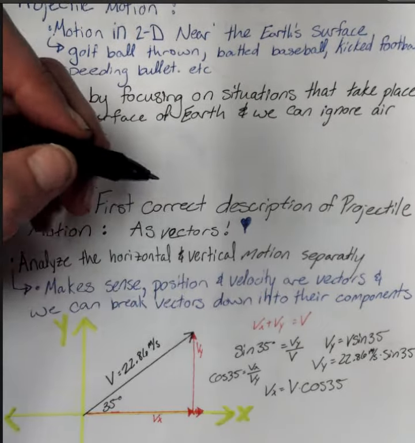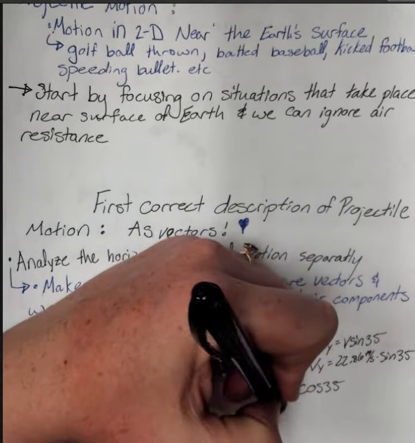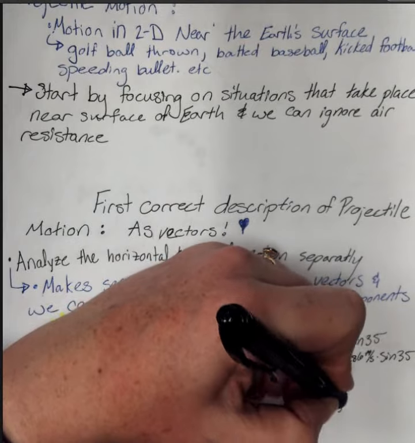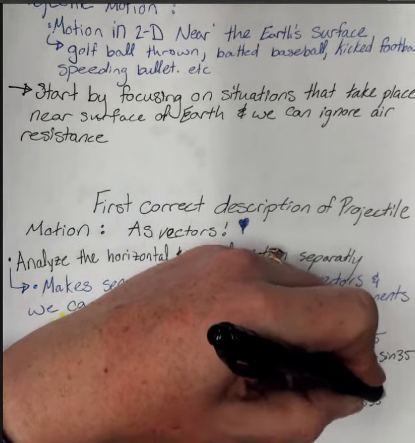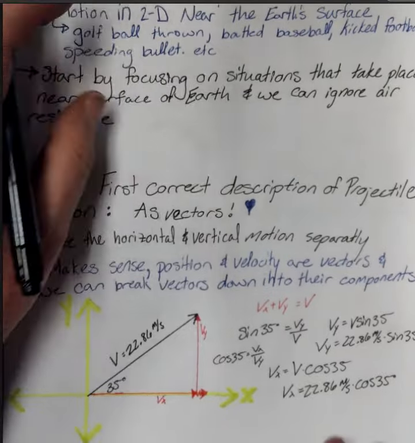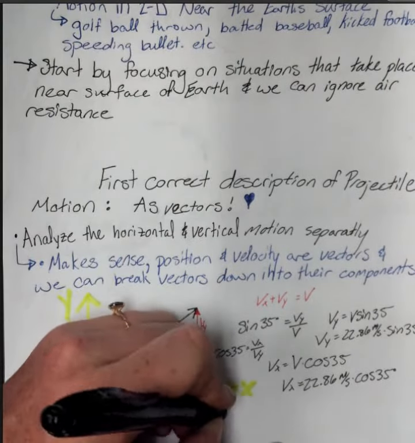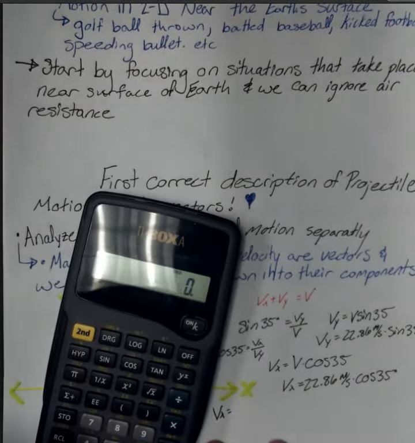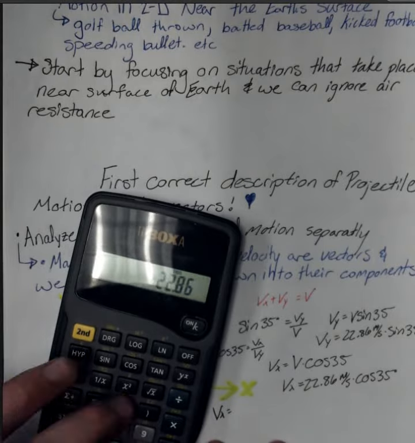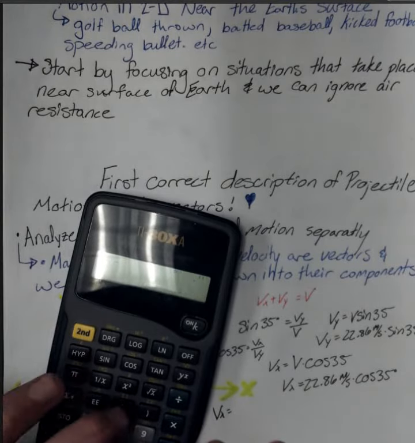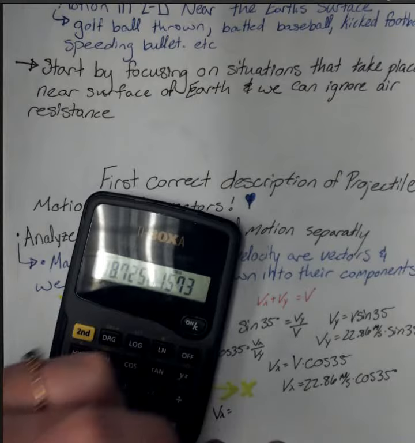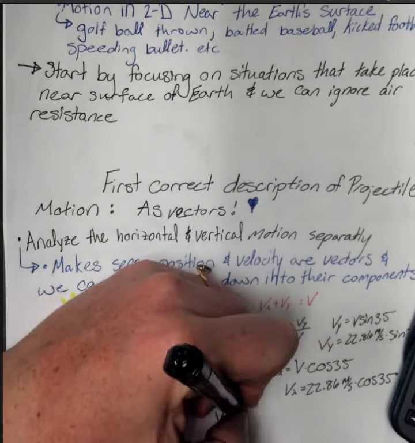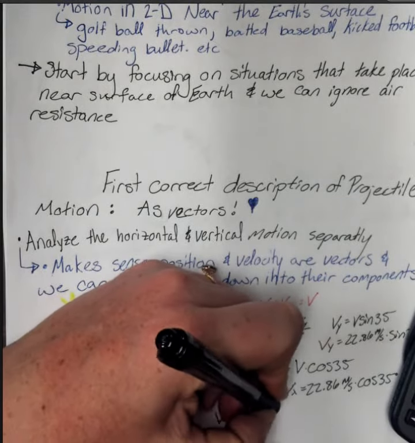And when I solve for this problem, Vx is going to equal 22.86 meters per second times the cosine of 35 degrees. So I can check. Vx is going to equal 22.86 times cosine 35, or 18.73 meters per second.